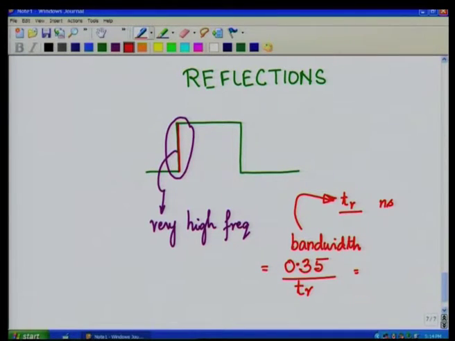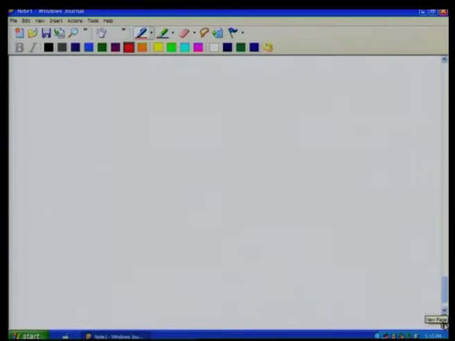Now, when you have frequencies of that order of magnitude, you will see that the waves propagate along every track. If I take a track, that is a signal and a ground.